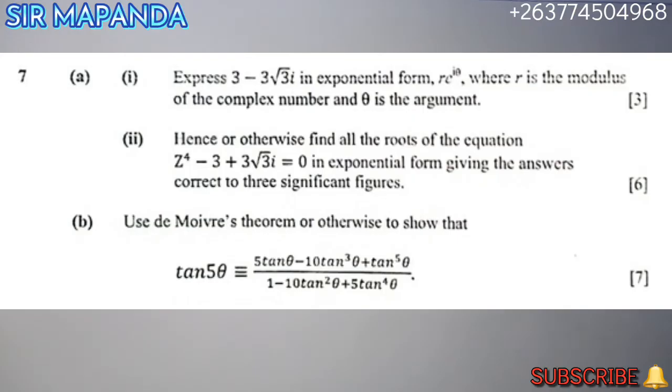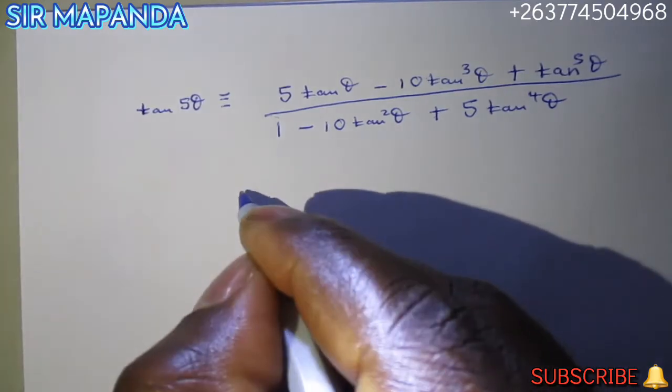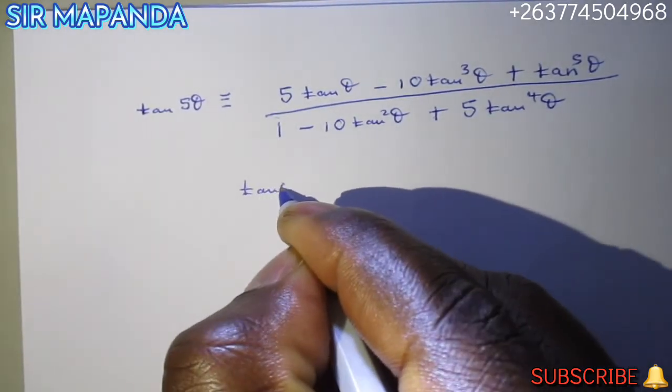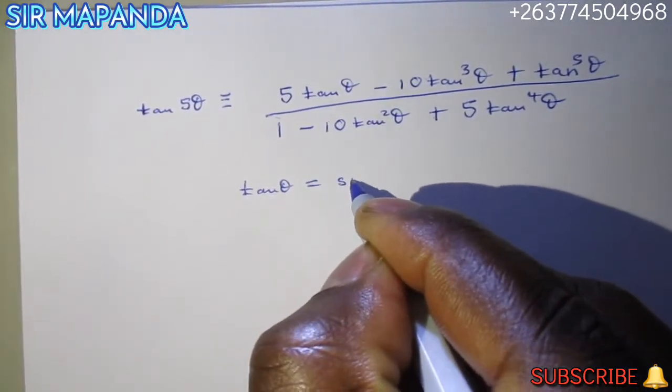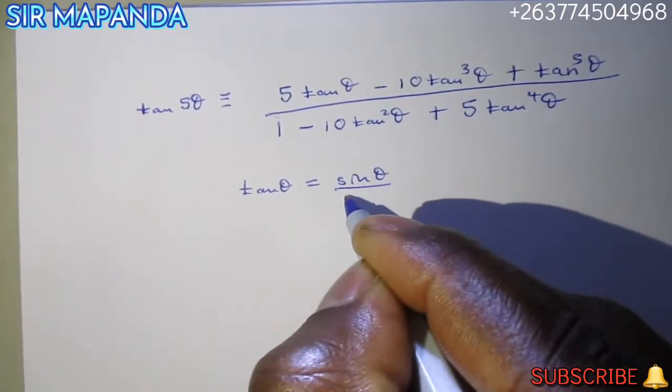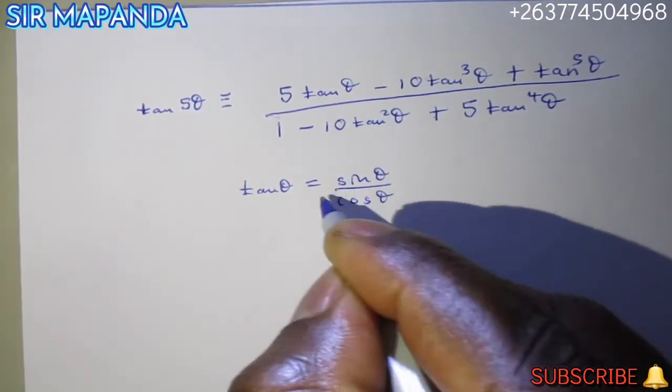Right, we are now on part 3, which is the last part of the question. It reads, use de Moivre's theorem or otherwise to show that tan 5 theta is equal to the given identity on the right side, 7 marks. Right, so the first thing to note here is tan theta is identical to sine theta over cos theta.